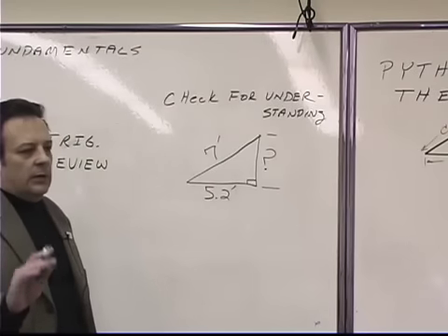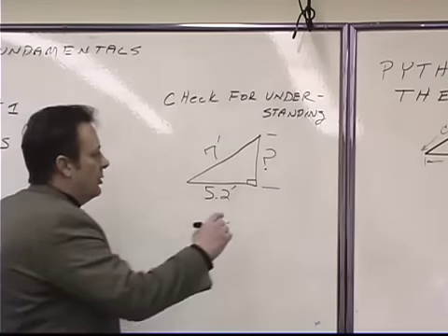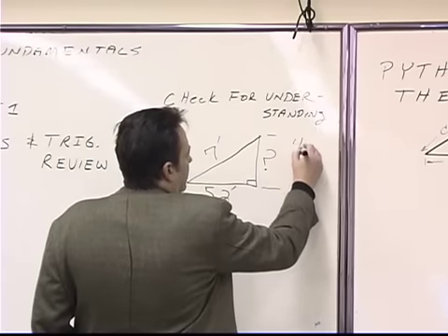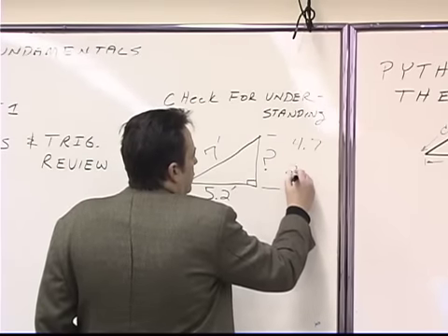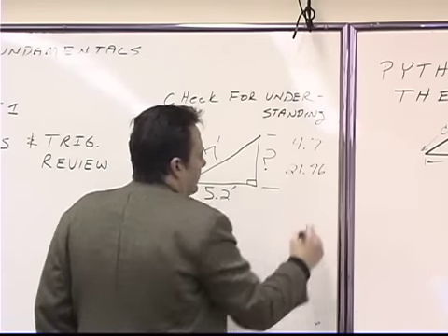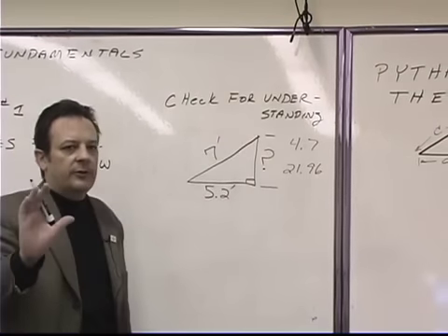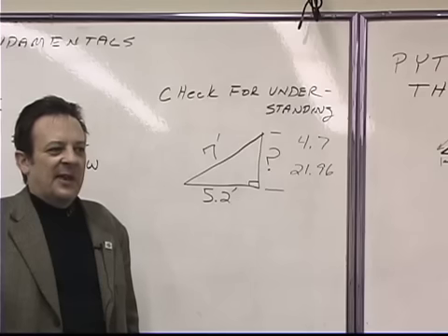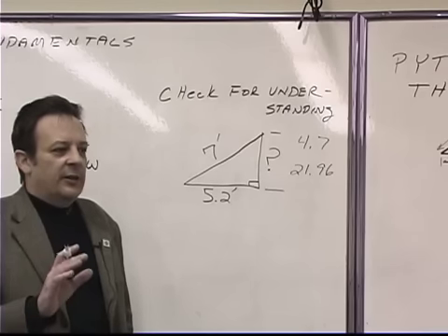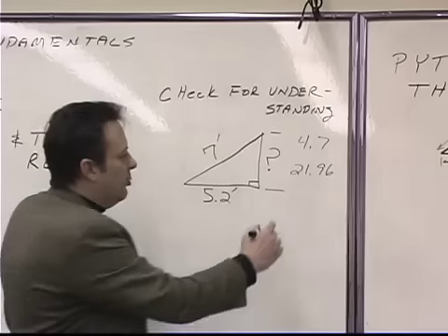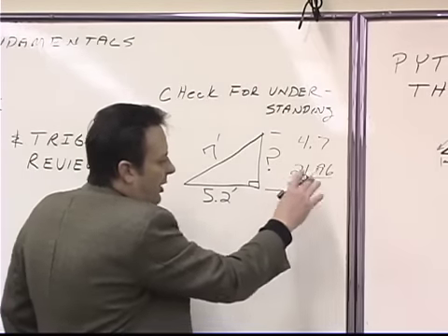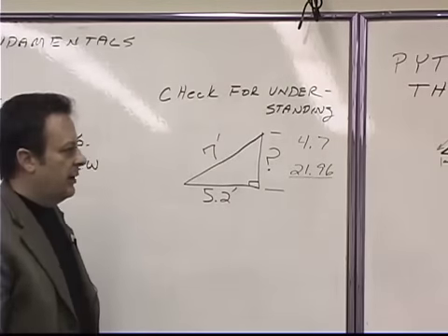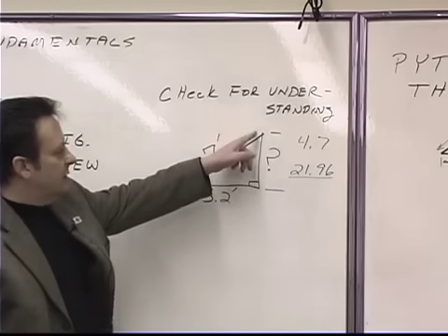Okay, so we got one of them, we got 4.7, and one of them we got 21.96. Now this is the place to make mistakes. One thing that would tell you that the 21.96 couldn't possibly be the correct answer is that the hypotenuse is always what?